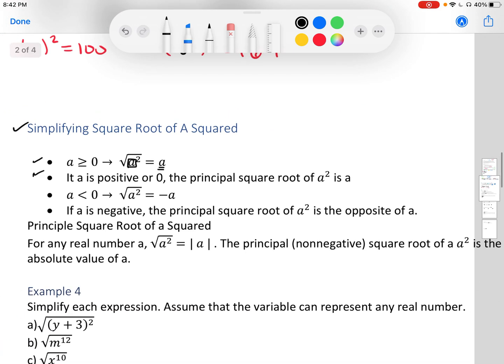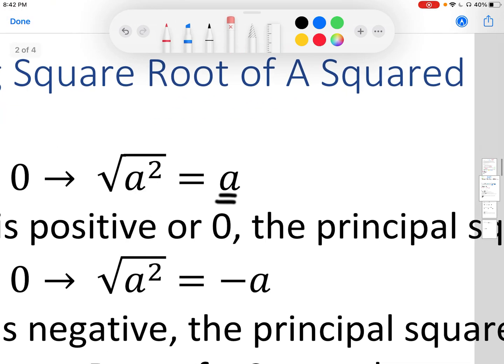If a is positive or 0, the principal square root of a squared is a. So in other words, we are looking above at the one we just worked on. What's happening is the square root and the square, in a sense, cancel each other out. What's really happening is they're mathematical opposites. They're mathematical inverses.